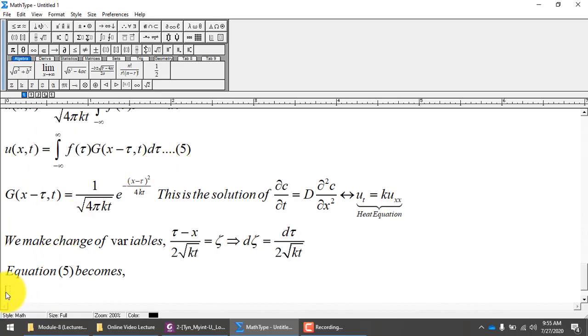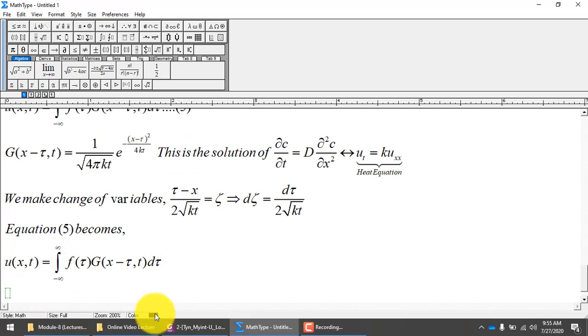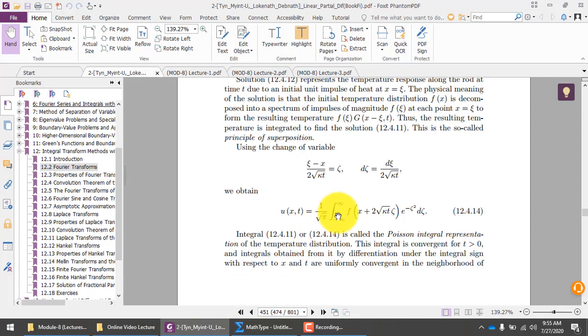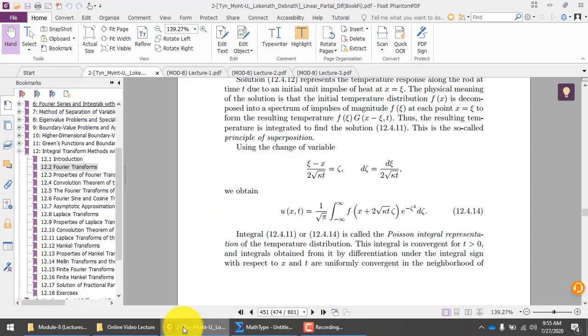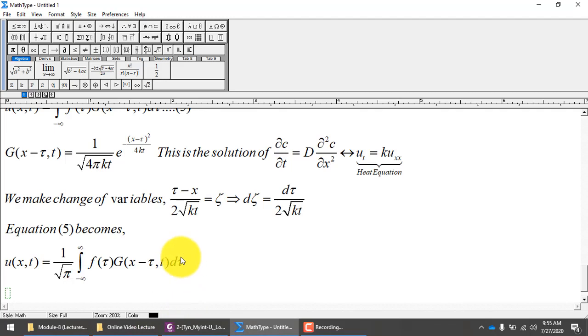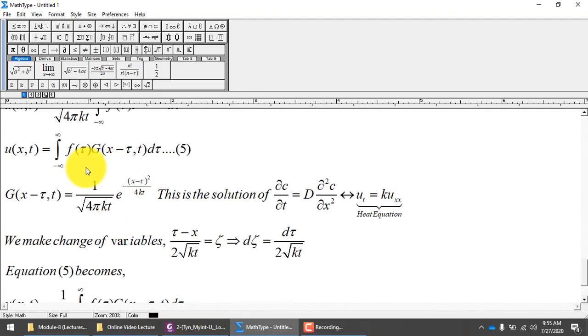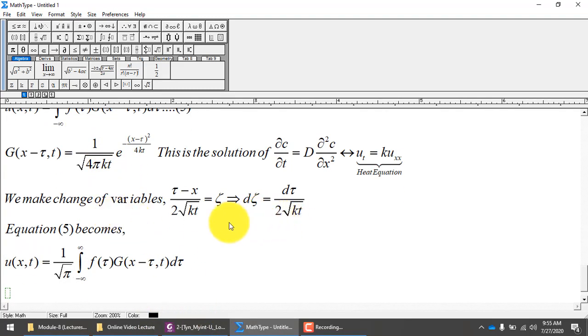You will get f of this whole thing, 1 over square root of pi, because the coefficients will be cancelled out, and instead of the old variable you will have a new variable tau. Tau is 2 xi multiplied by the square root of 2kt, divided by x.